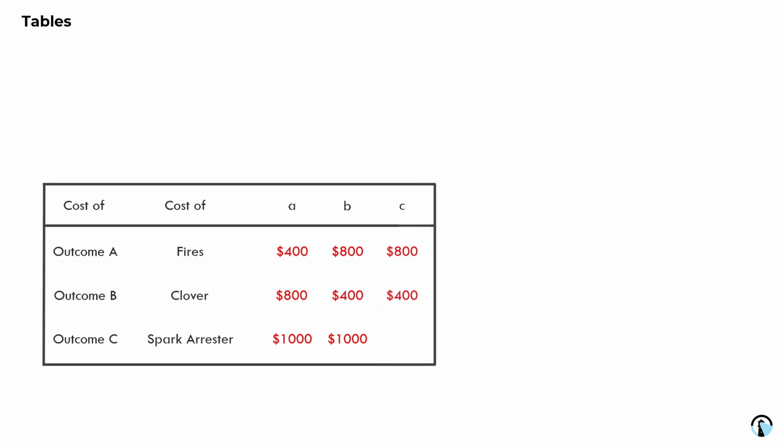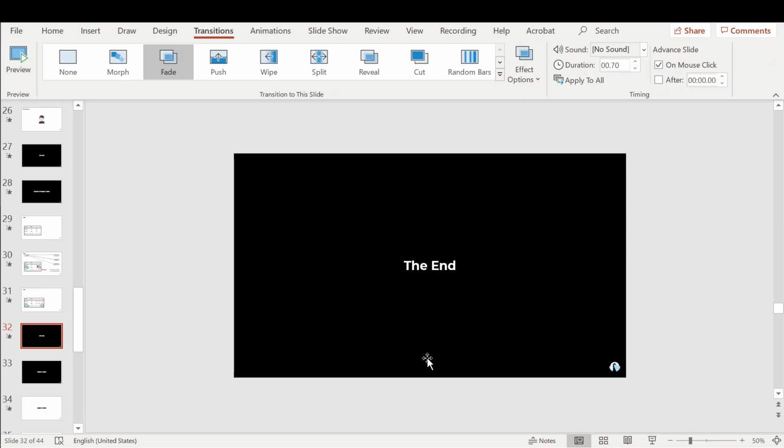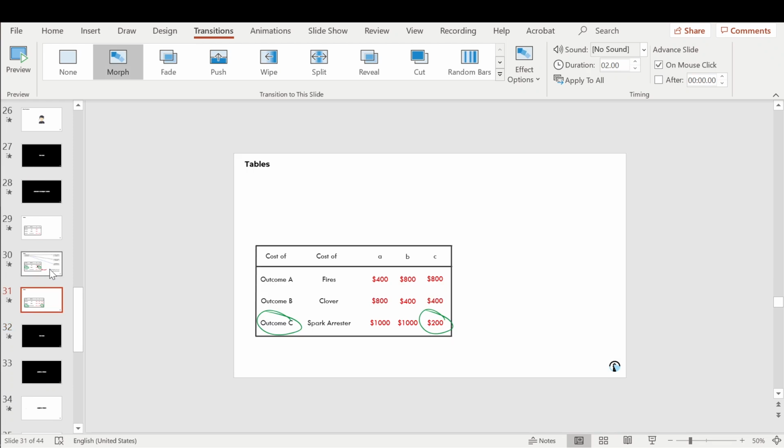Okay? So I built scenario C, and I was saying how the spark arrestor would be now the cheapest thing. And I would show how in scenario C, since spark arrestor was the least costly thing, I would choose outcome C. Okay? Now, this is the end of this story, but I'm gonna show you how to do that.